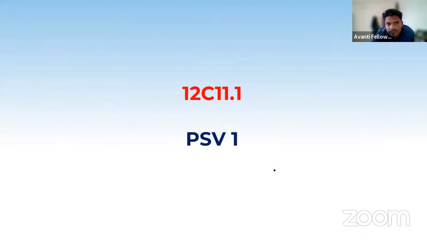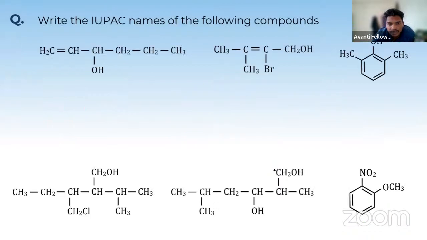And next, try to answer this IUPAC naming, at least one or two. Let's suppose A, B, C, and D. Try to solve A, B, C, D. I'll just come.